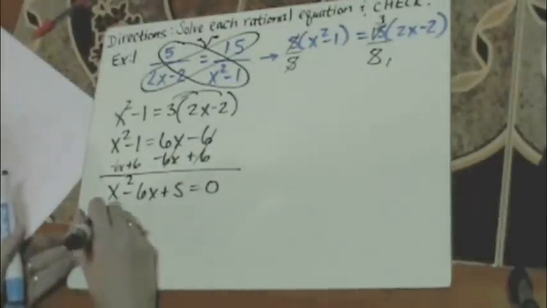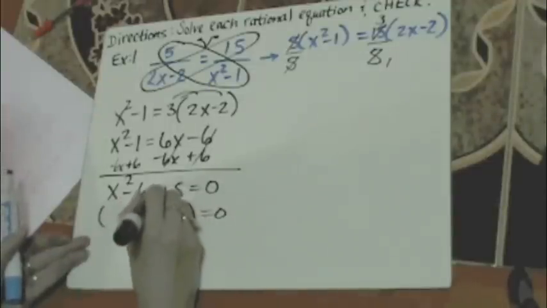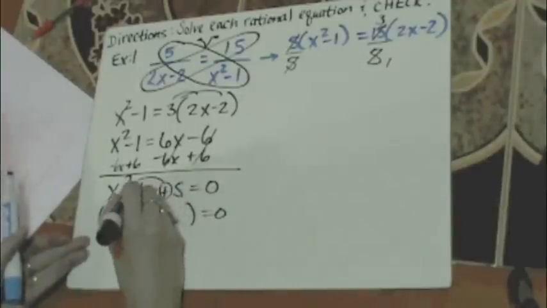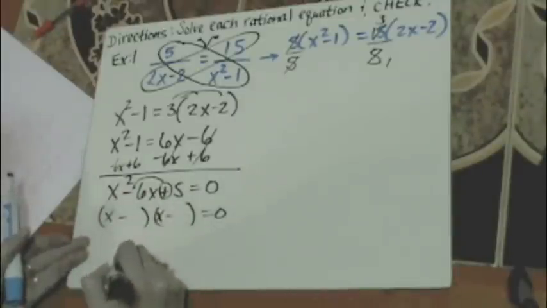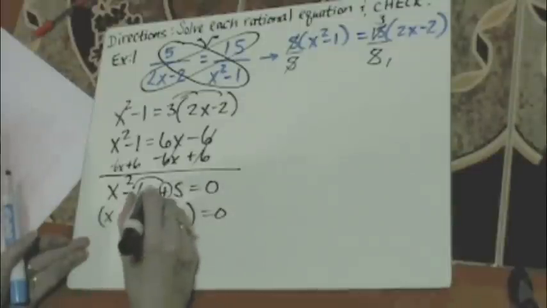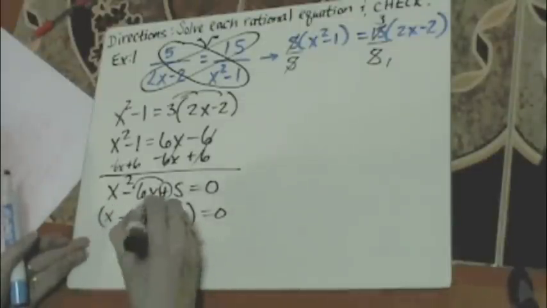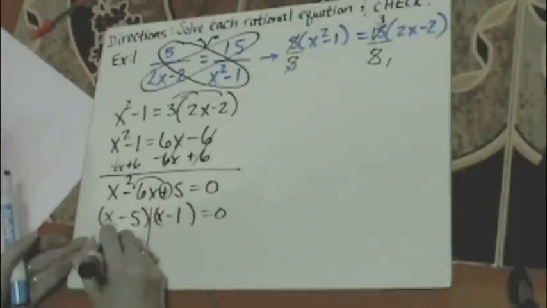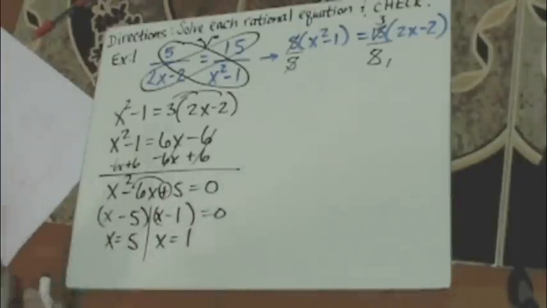So then I'm going to factor. This means the same signs, they're both going to be negative. I have an x and an x. The only factors of 5 that will add to give me a 6 are 5 and 1. And then I go ahead and solve, so x is equal to 5 and x is equal to 1.